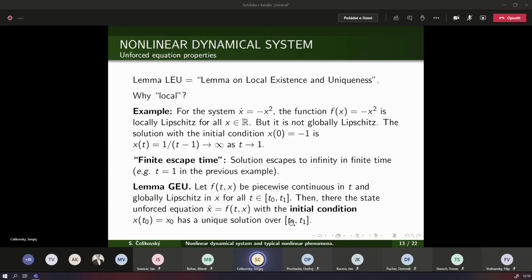Global solution here means that it exists over the whole interval [t0, t1]. But this interval [t0, t1] is fixed, because this dependence of the right-hand side is related to the global Lipschitz property, which should be valid for all t from this interval. So if there is no dependence on time, then of course we may extend this interval up to the whole real axis.